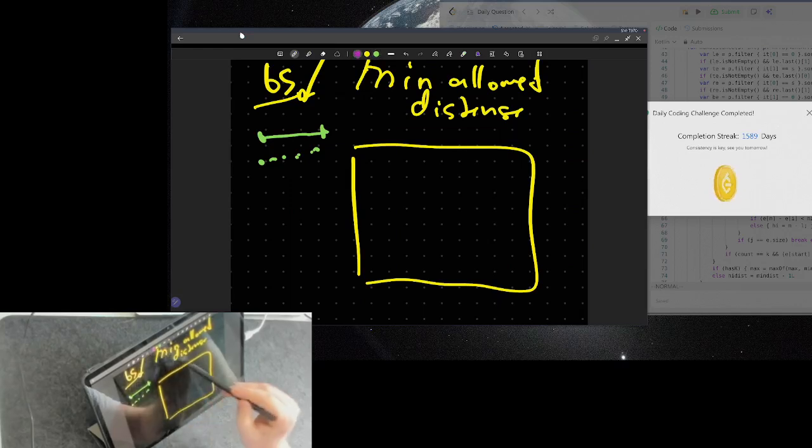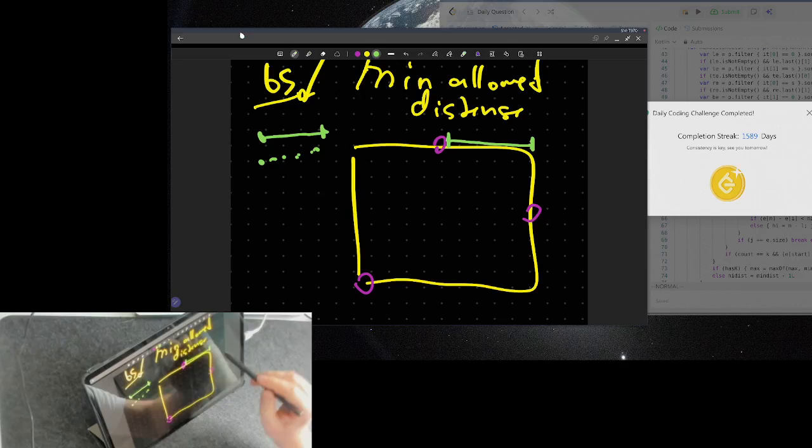So we have some points on the square, and if the distance between points is bigger than the allowed distance, then that means we can take these two points. And if it's shorter, then we are not allowed to take this point. So this is how we can check it.